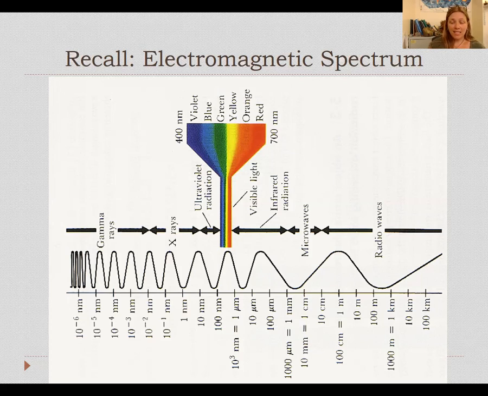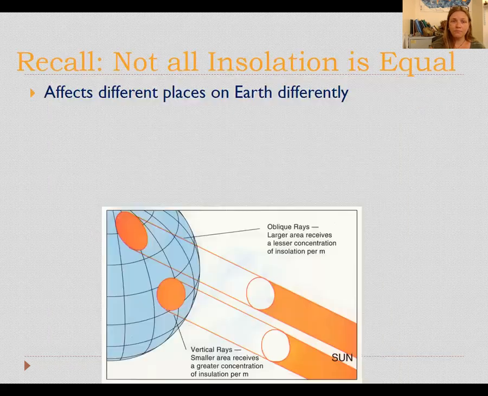Far and away, visible light and infrared or heat energy are the two types of energy that arrive at our planet from the sun in the largest quantities. So the energy coming from the sun is of a variety of types, but mostly in this visible light and heat spectrum.